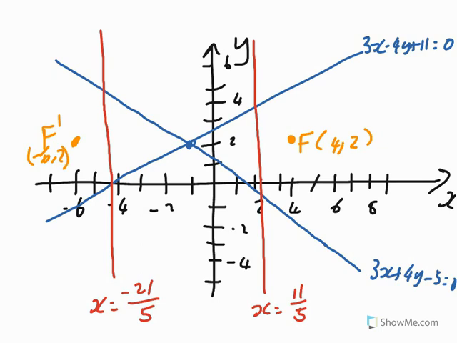Now what do we need? We need our vertexes, or our vertices, and they are at 3 and 2, and minus 5 and 2, and so we end up with something that looks very much like that.